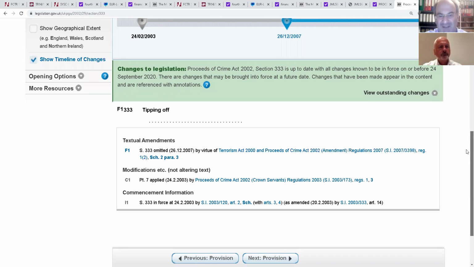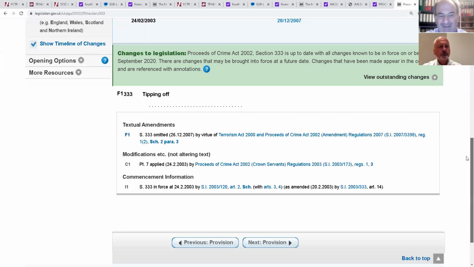It's been deleted. And this is almost as important, because what we're finding then is the provisions that have deleted it. So we can click on those regulations if we want to. I'm not suggesting we do that right now, but it shows you how you can keep up to date.